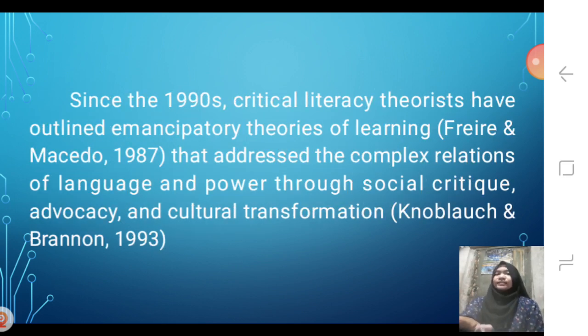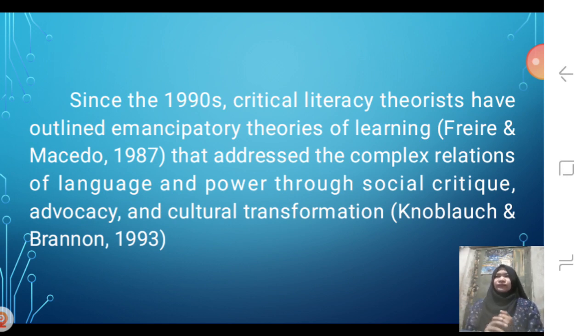So the next one is, since the 1990s, critical literacy theorists have outlined emancipatory theories of learning that address the complex relations of language and power through social critique, advocacy, and cultural transformation. So dito naman, critical literacy since 1990s daw is mayroon ng theory that outlines emancipatory theories, or theories that set free of learning, that address the complex relations of language and power through social critique.